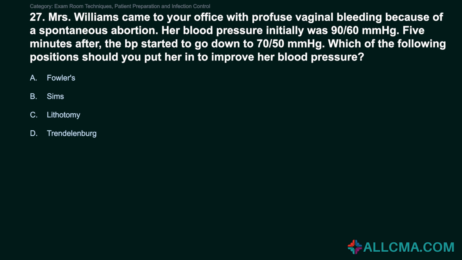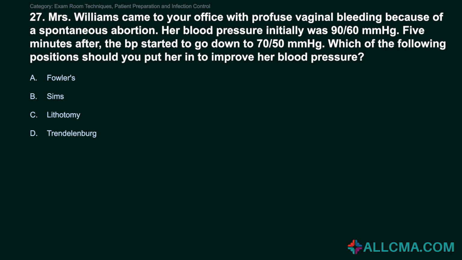27. Mrs. Williams came to your office with profuse vaginal bleeding because of a spontaneous abortion. Her blood pressure initially was 90/60 mmHg. 5 minutes after, the BP started to go down to 70/50 mmHg. Which of the following positions should you put her in to improve her blood pressure? A. Fowler's.